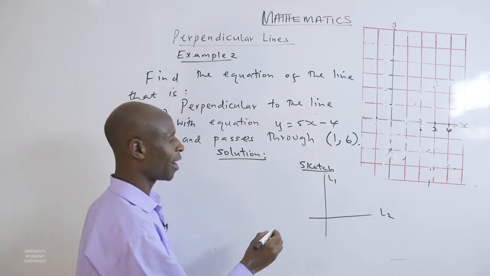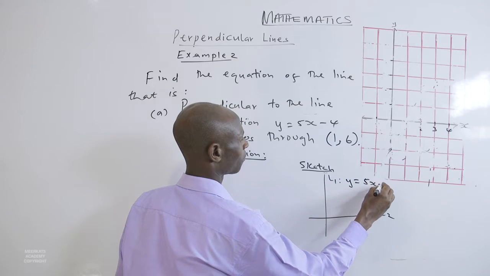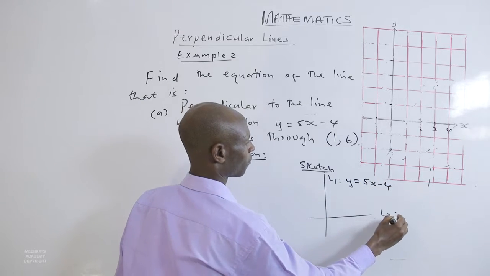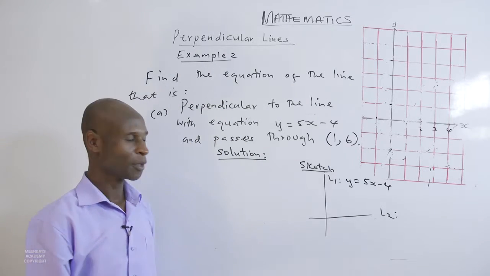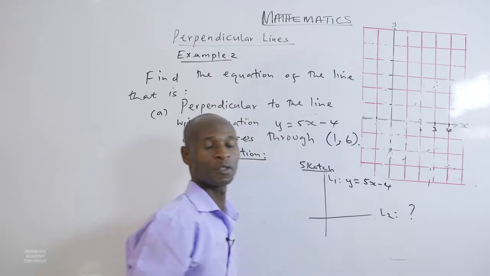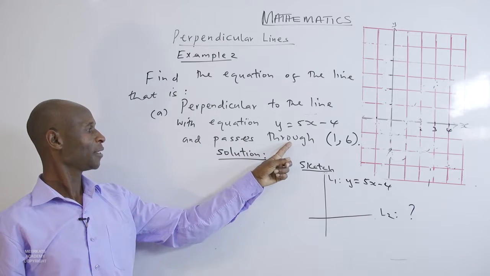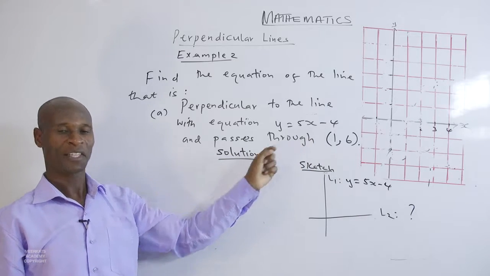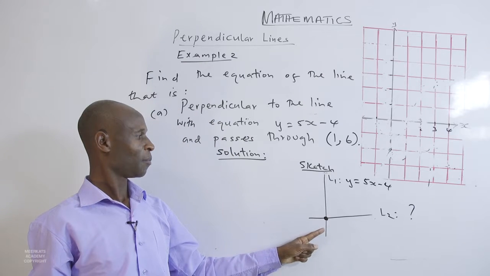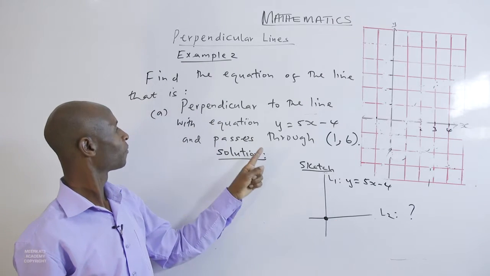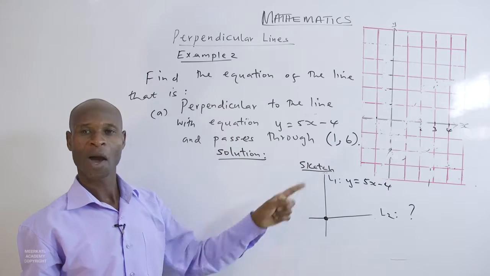The first one is y, and the second one, we don't know its equation, so we put there a question mark. The lines are passing through the point 1, 6. That means the point where the line is passing is 1, 6.